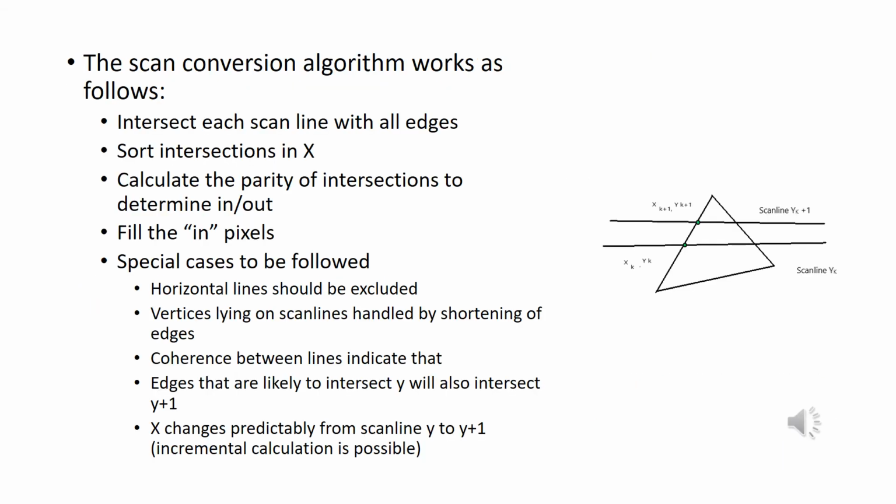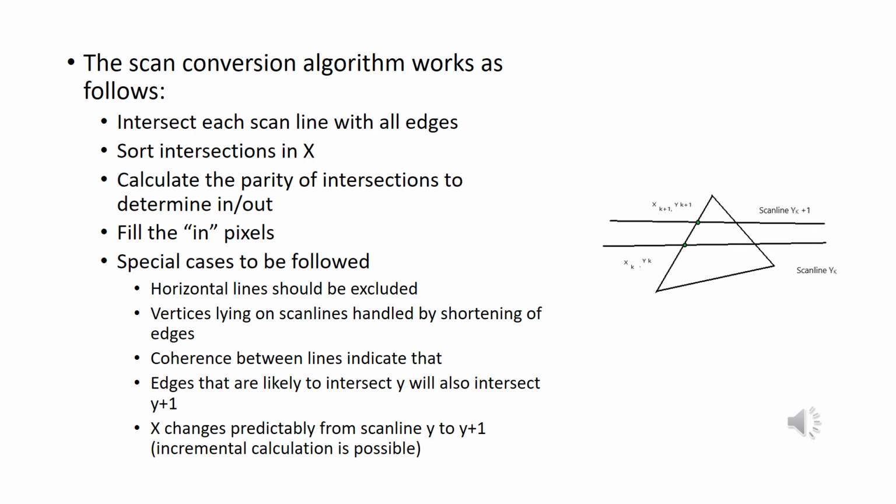Here I am listing the steps followed in this algorithm. First, we determine the intersection points of each scan line with all polygon edges. Then sort the intersections in x.